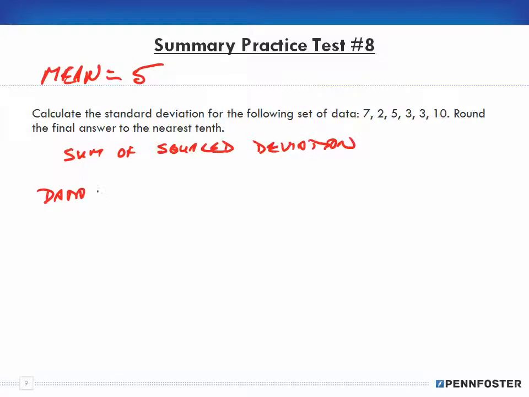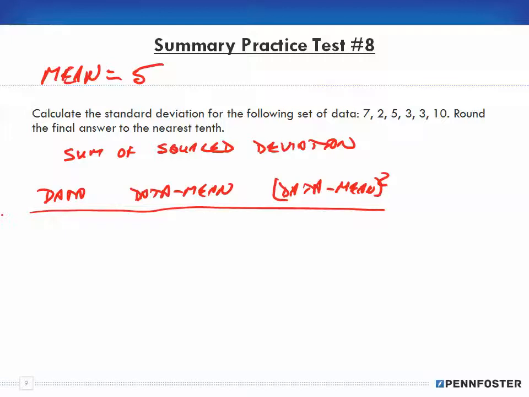They actually created a chart and then had the data minus the mean, and then the data minus the mean, squared.